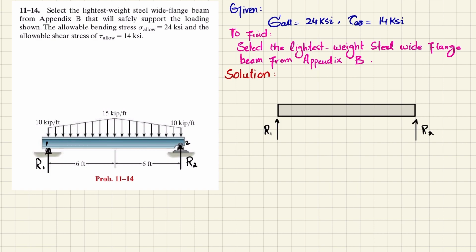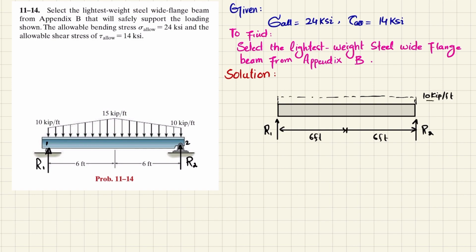Now you can see that there is a load here, with a magnitude of 10. If I take it as a horizontal uniformly distributed load and draw it with a dotted line, this uniformly distributed load has a magnitude of 10 kips per foot. The total length of the beam is 12 feet, so half is 6 feet and the other half is also 6 feet.